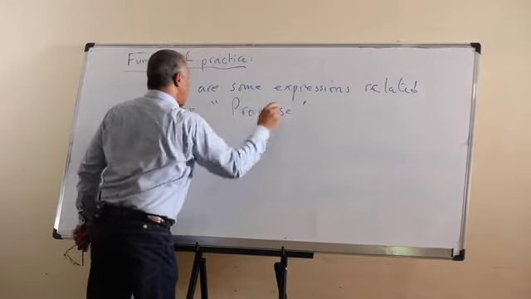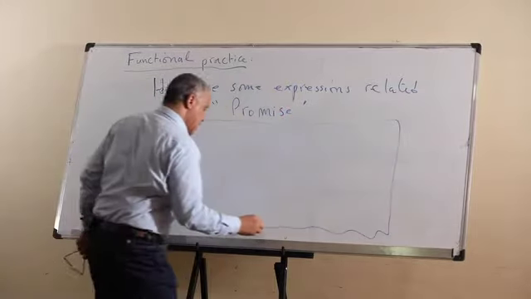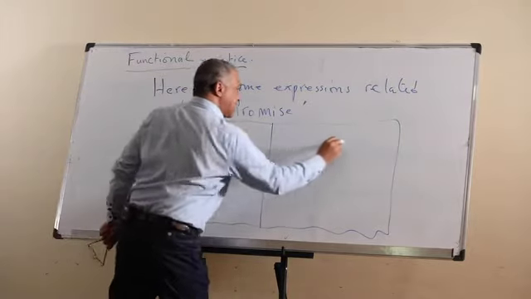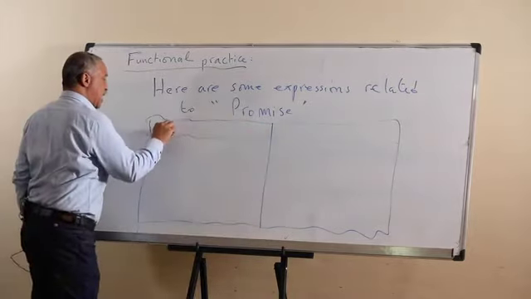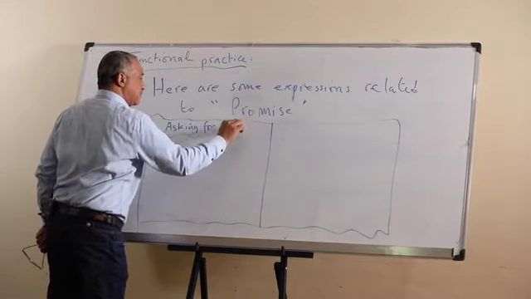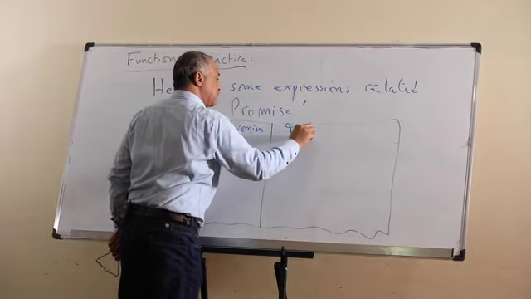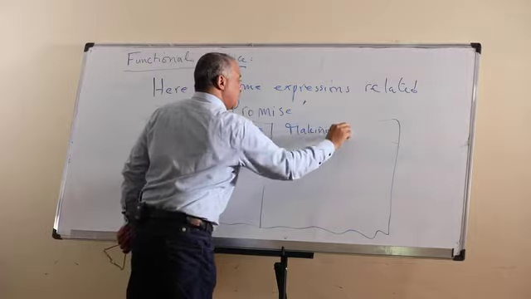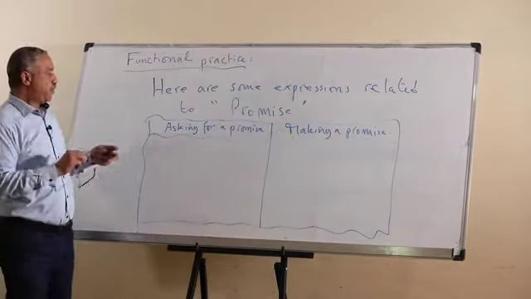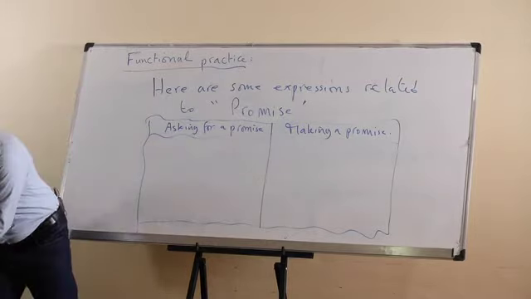I make it between brackets, and then we make a chart to pick up some of these expressions, and this exercise we shall work on all together. The first one is asking for a promise, and the second one is making a promise. I have chosen just 4 for asking for a promise and 4 for making a promise. Now let's work on them all together.